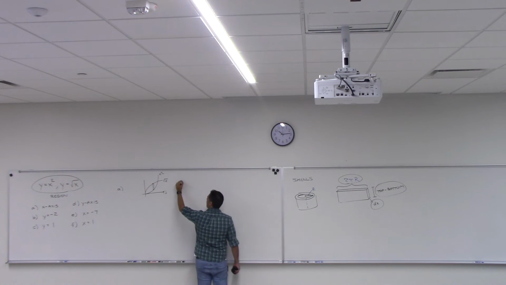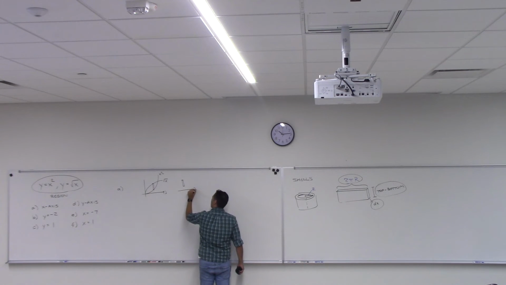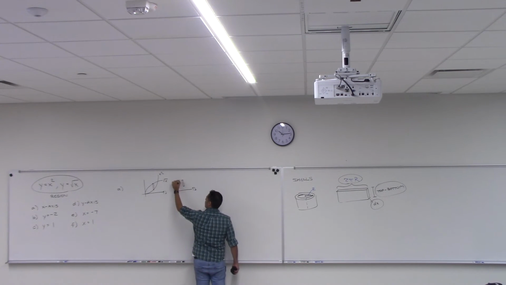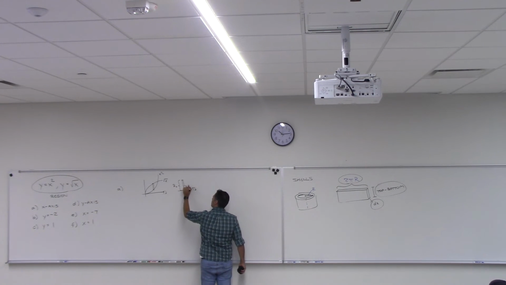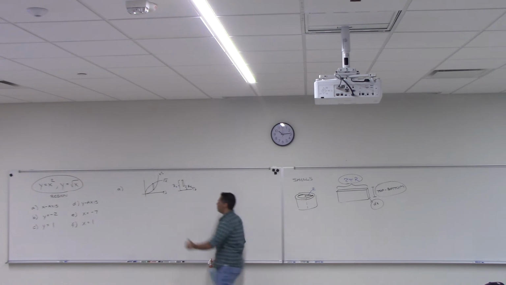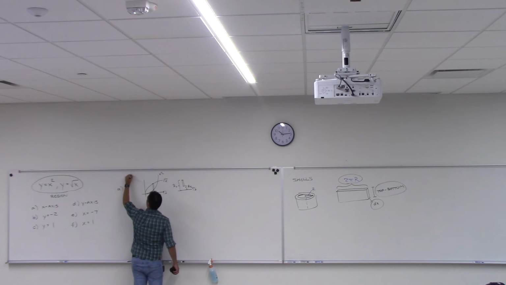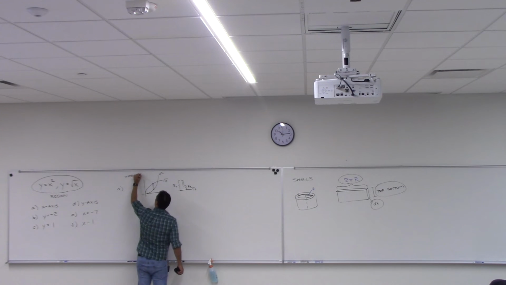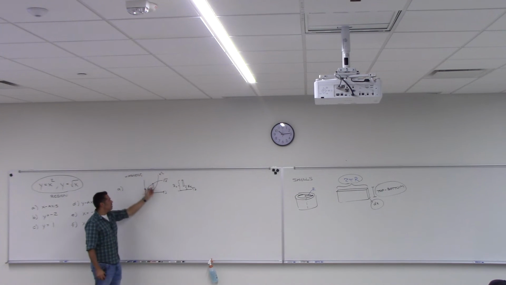So over here on the side, I'm going to take my axis of rotation here, and I need to know this outer distance and this inner distance, right? Oh, I'm using washers, sorry. This is washers. Why am I doing washers? The rectangle is perpendicular to the axis of rotation. Perpendicular to the axis of rotation, you use a washer.